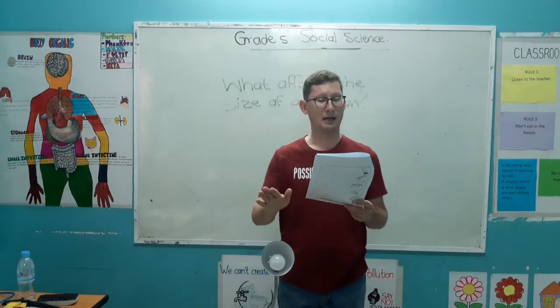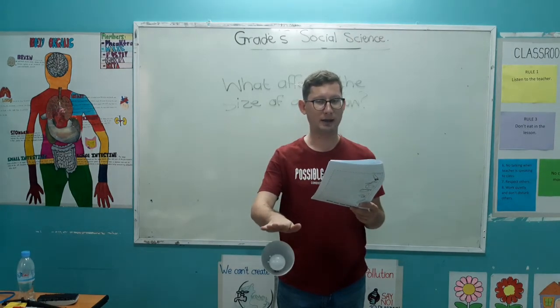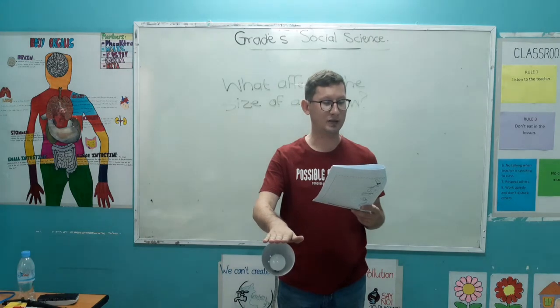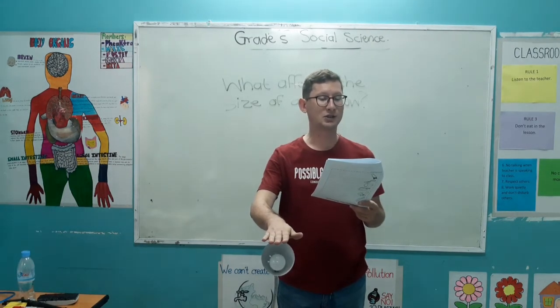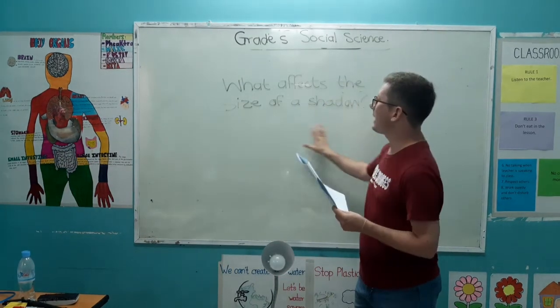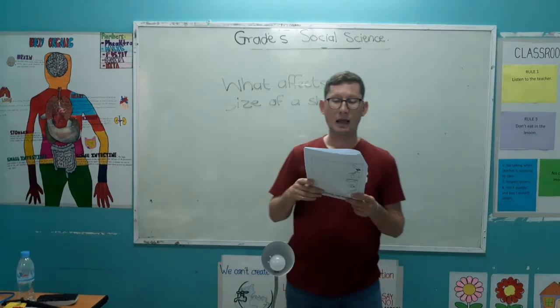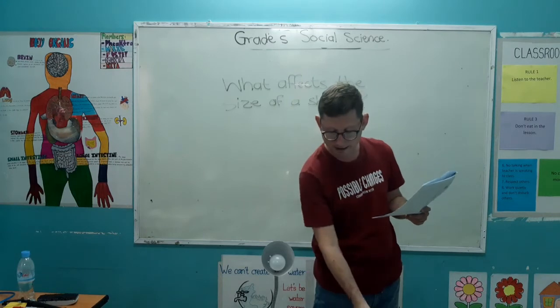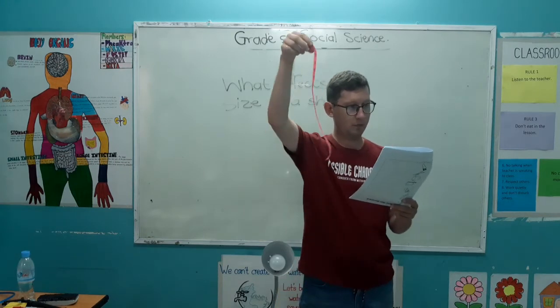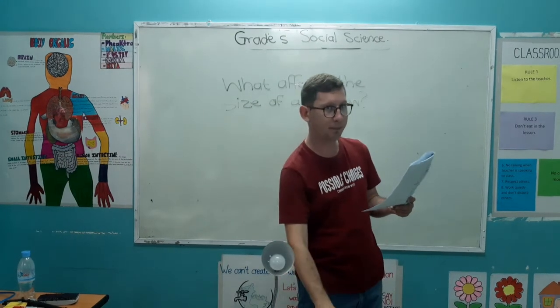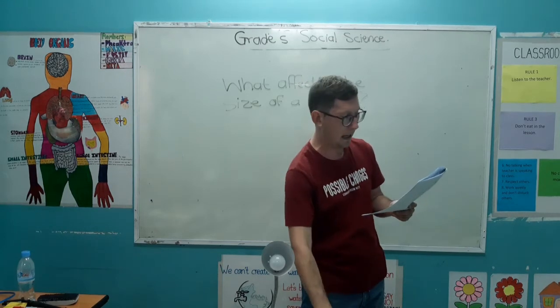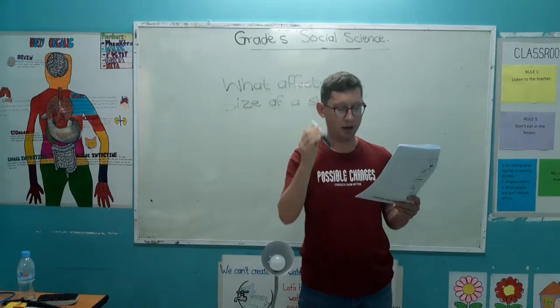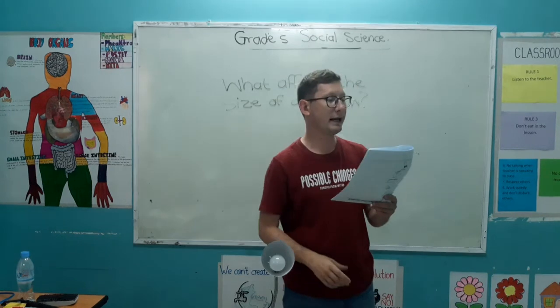You will need a light source, which I've shown you in the class, which is a bed lamp, a screen, which I'm going to use today as the board, a shadow puppet, a measuring tape, a masking tape, and a marker.